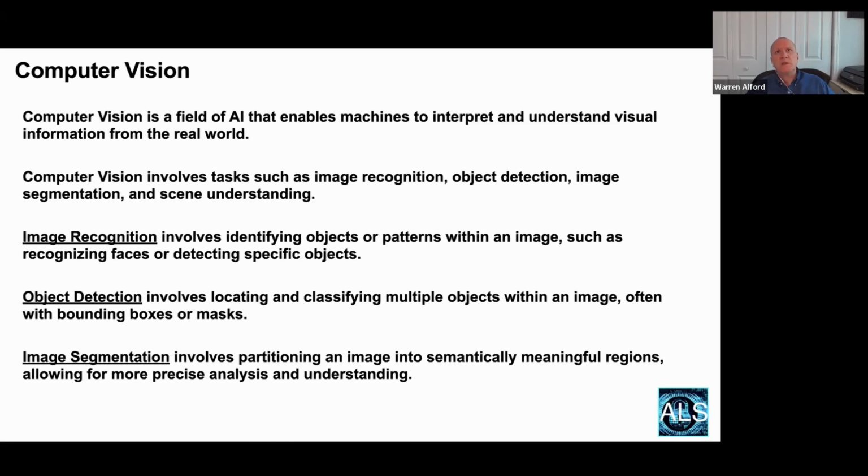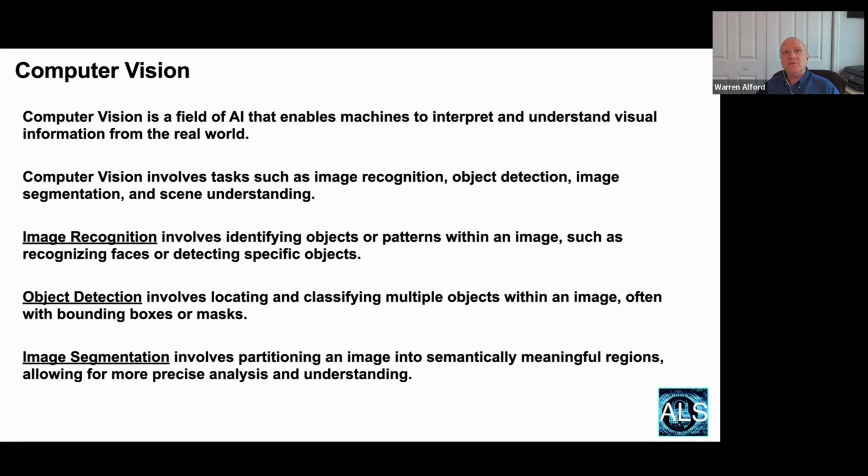So we have three layers of this. We have image recognition, which is just the image itself. We have object detection, which is pre-programmed, and then the ability to learn about what an object is and how it interacts with its environment and with the AI itself.